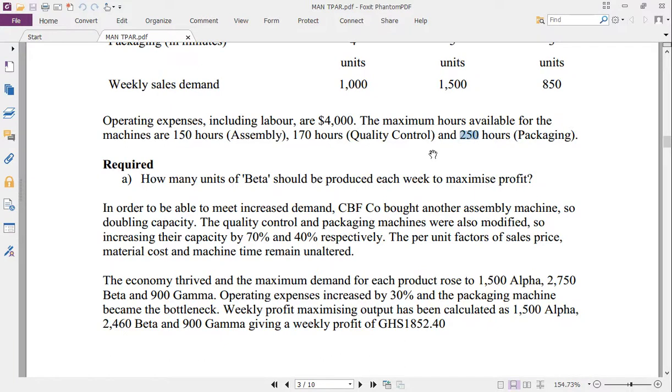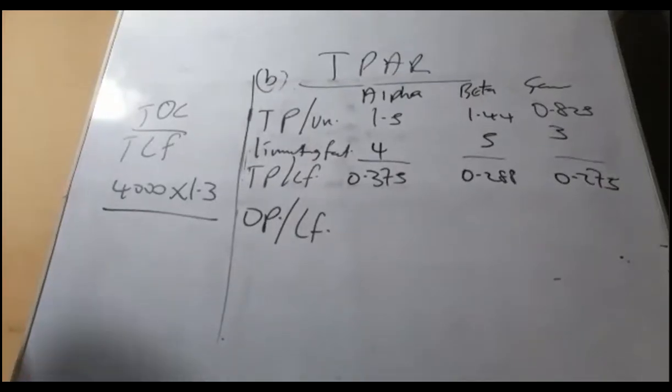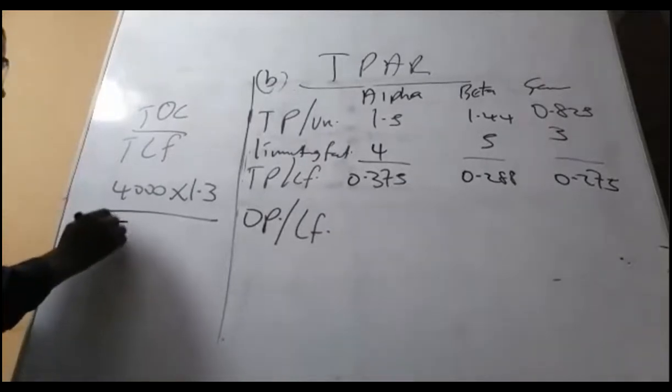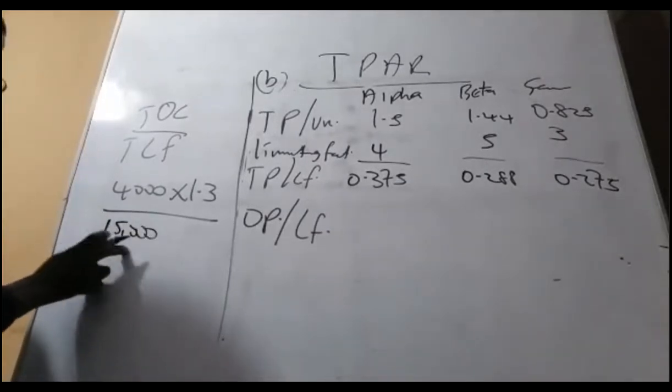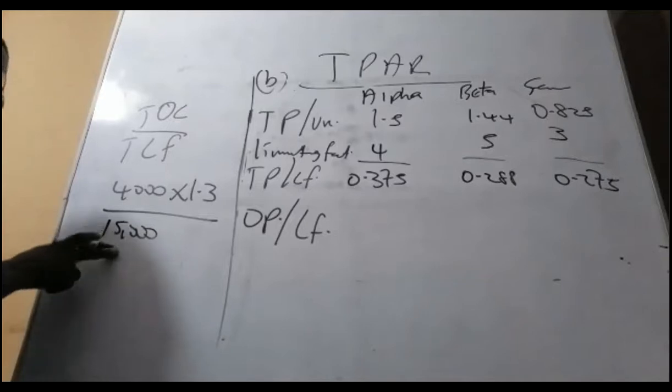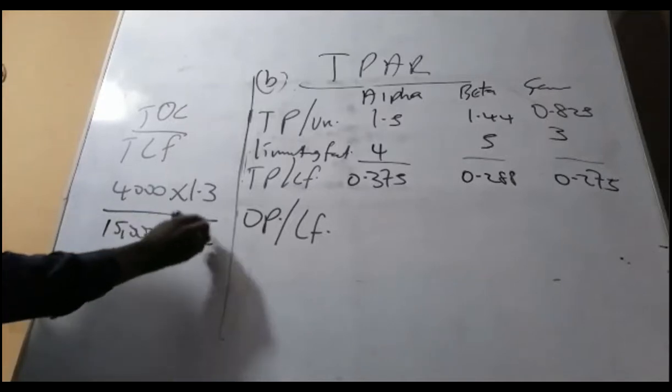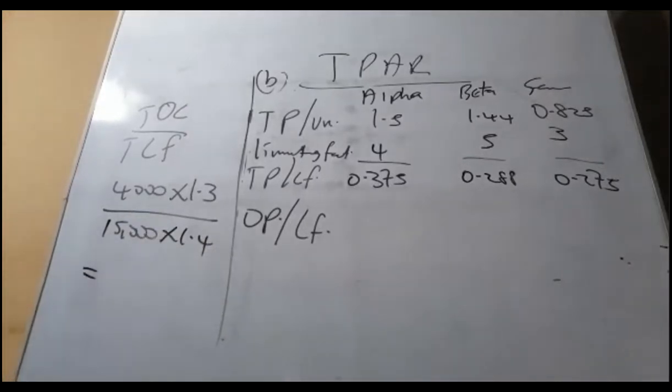That 15,000 has increased by 40%, so increase that also by 40%, and then we are done. We have it already in our solution, so I pick it straightforward. Times 1.4. That is the new operating cost per limiting factor.